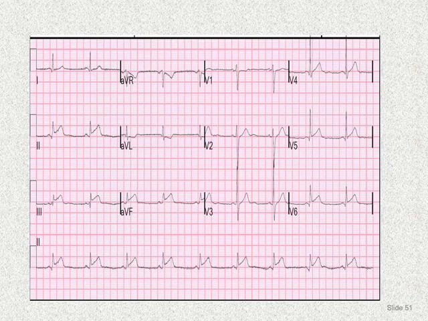So this is inferior ST segment elevation MI. QT interval is normal, T wave is upright. So this is acute ST segment elevation anterior MI. There is also elevation in V5 and V6, so this is infralateral ST segment elevation MI.